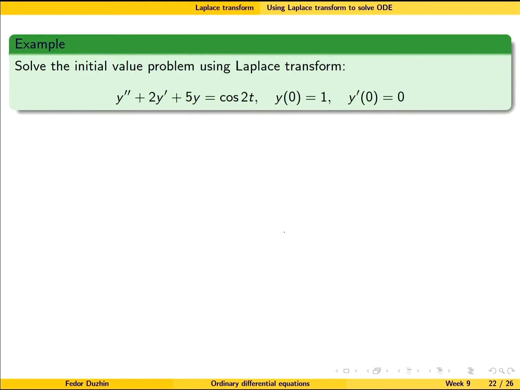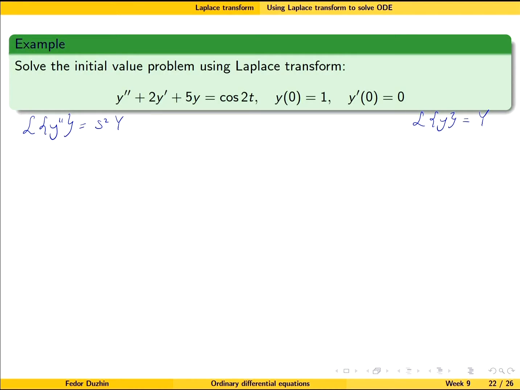So what do we have here? The Laplace transform of y double prime is s square times the Laplace transform of y. I'm going to denote the Laplace transform of the unknown function as capital Y, right?